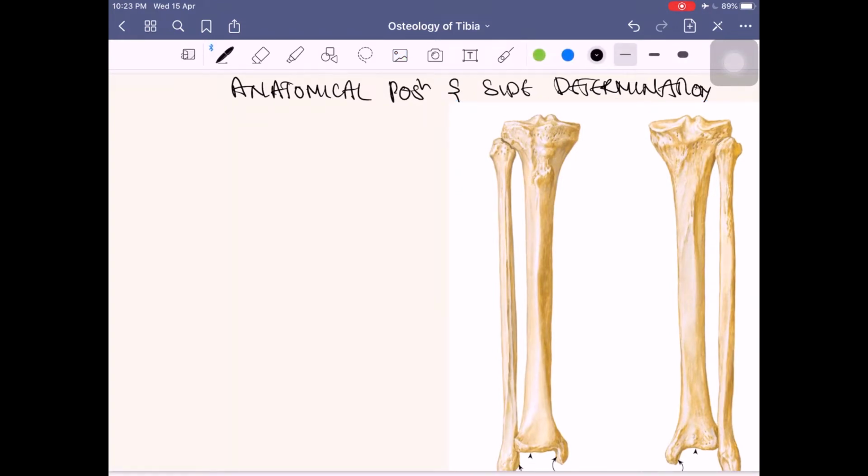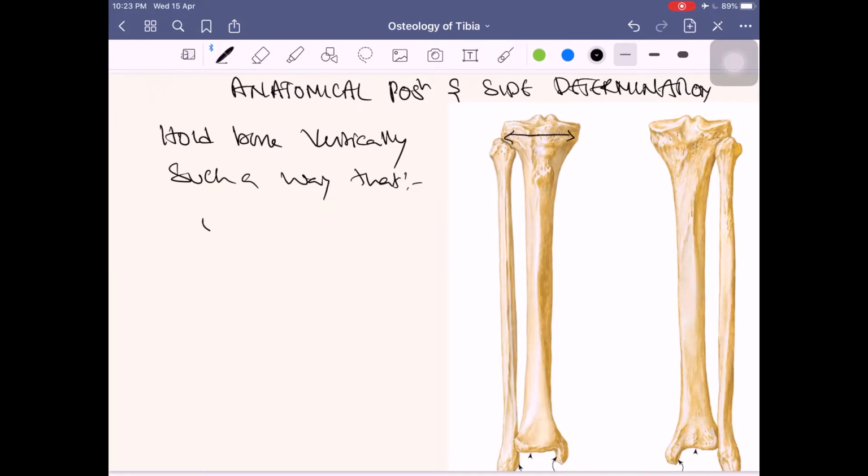In order to decide the side of the tibia, hold the bone vertically in your hand in such a way that the expanded end is your upper end. This expanded end, which we are calling the upper end, with the condyles should face upward.